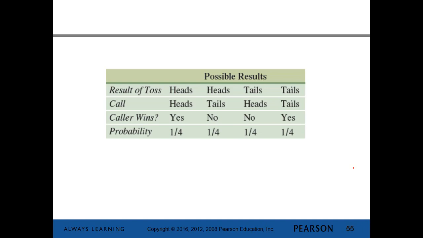If the person who calls the outcome is correct, the other buys the coffee. Otherwise, the caller pays. Find Donna's expected payback. So here we go. Donna's expected payback. Okay, so here are the results.